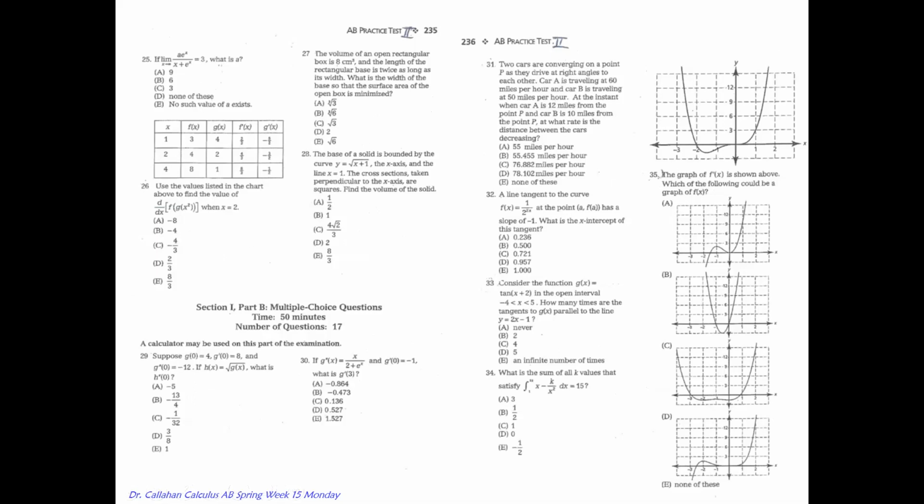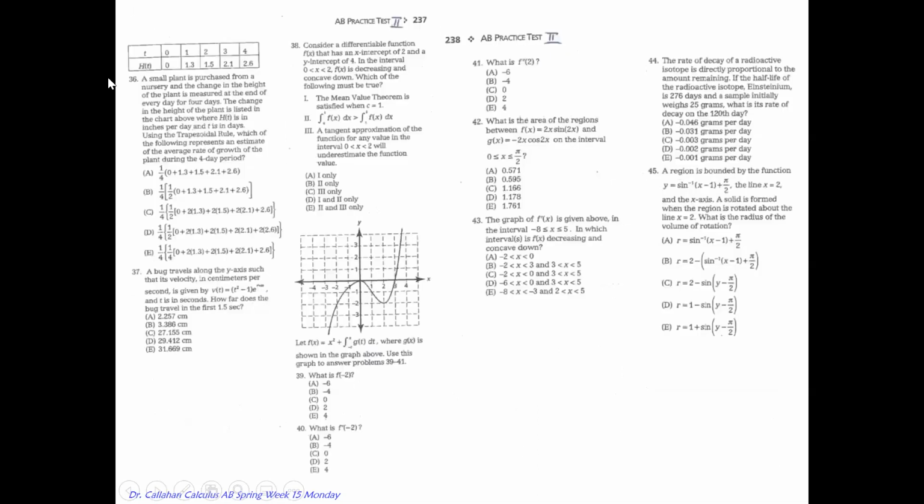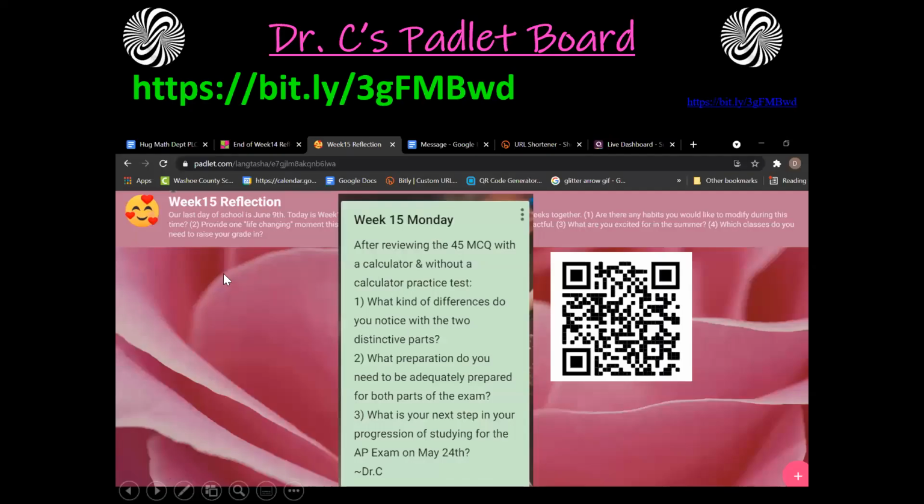After that, you have your multiple choice with a calculator, which is 50 minutes, 17 questions, starting at 29 to 34, where you can use a calculator for this portion of the exam. Then 36 of 45, and that's basically the end.